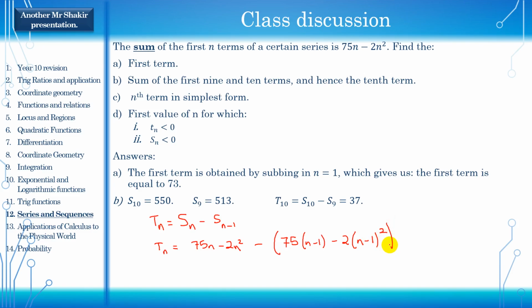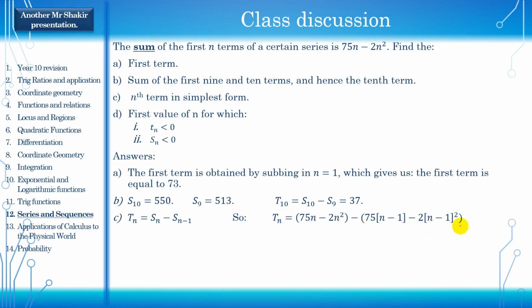Hopefully you've seen what I've done. I got that formula, and every time I saw n, I just substituted n minus 1. I've already got this on the PowerPoint slide. Substitute it in, and if we just simplify it, it's very easy.